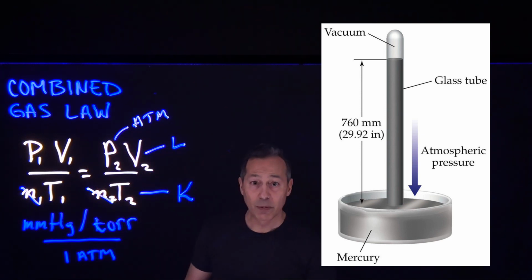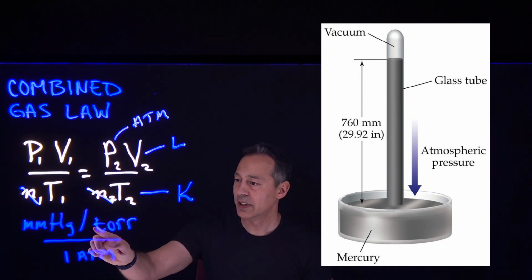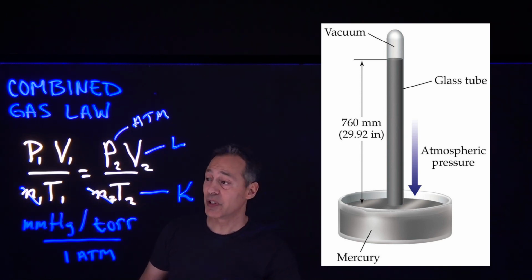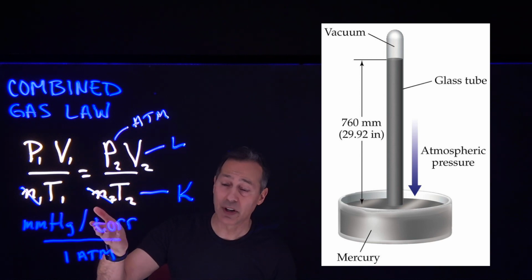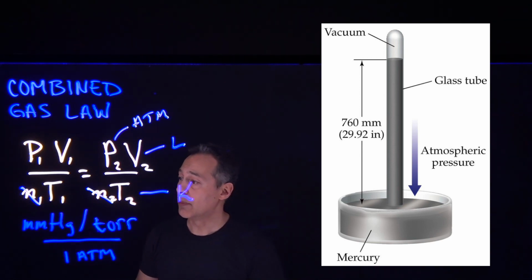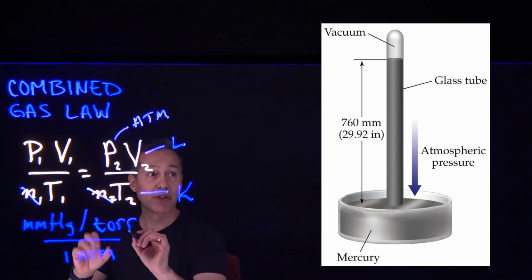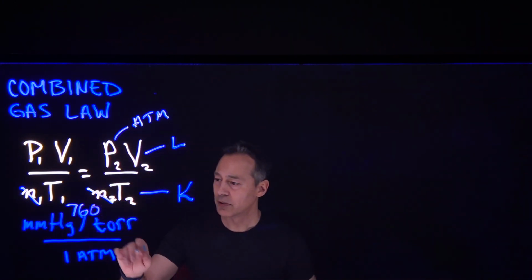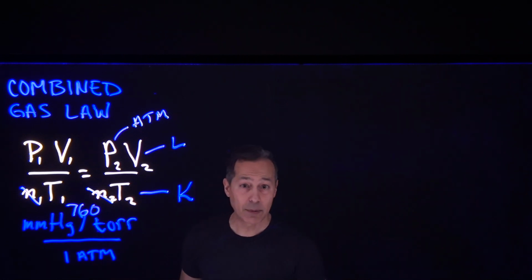Now, a millimeter of mercury and a torr is really the same thing. And as it turns out, there's 760 millimeters of mercury or 760 torr to 1 atmosphere. So 760 millimeters of mercury is equal to 1 atmosphere.